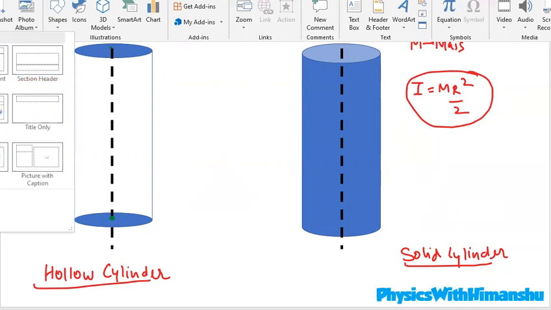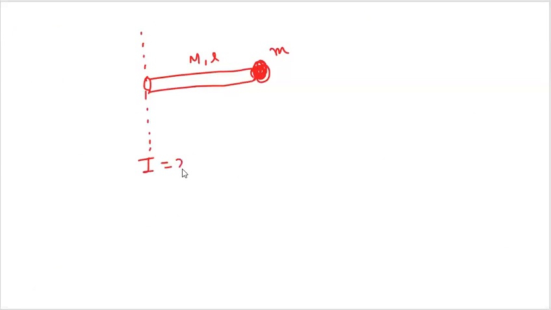Now I'll solve some questions. Suppose that we have this axis and we have a rod here of mass m, length L, and there is another mass m at the end of the rod. My question is, what will be the moment of inertia about this axis? So we have two masses. One is the rod and the axis is passing through the side of the rod.